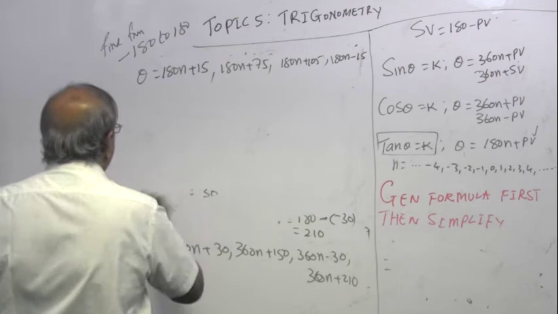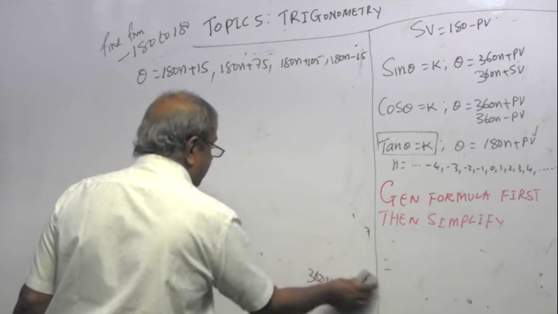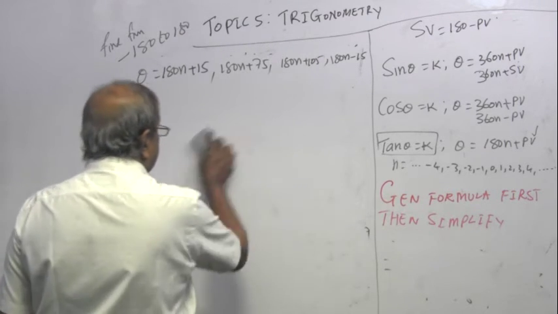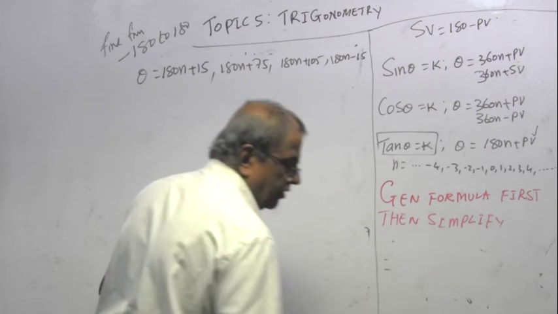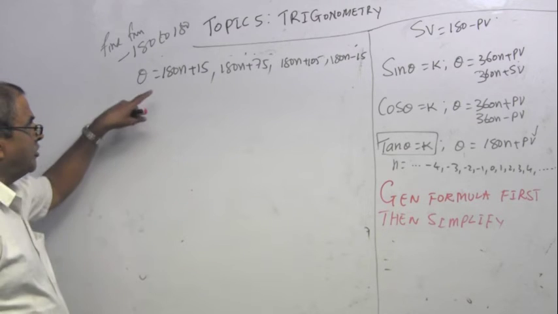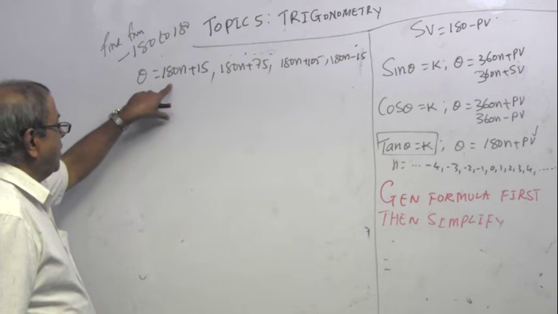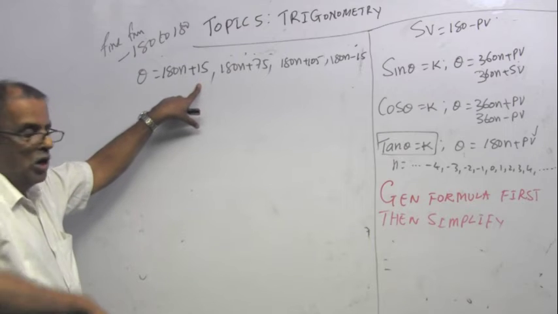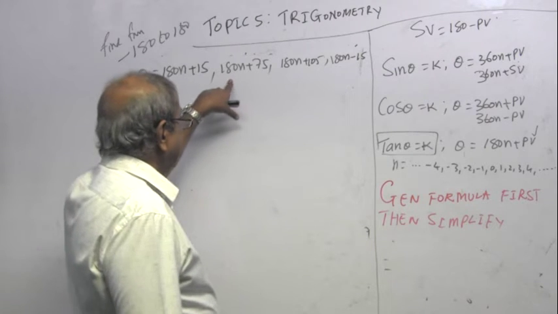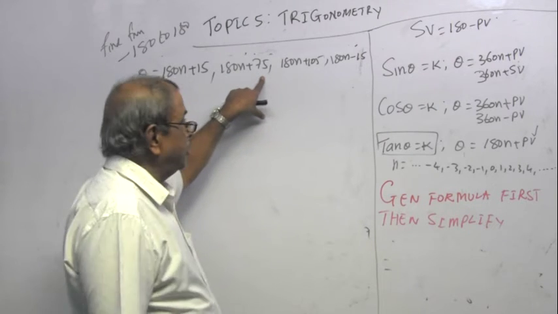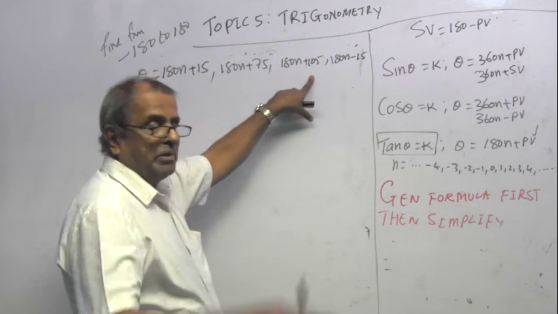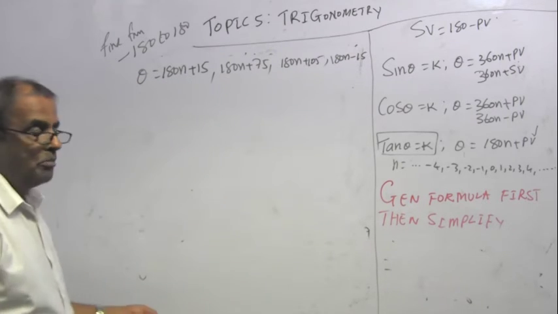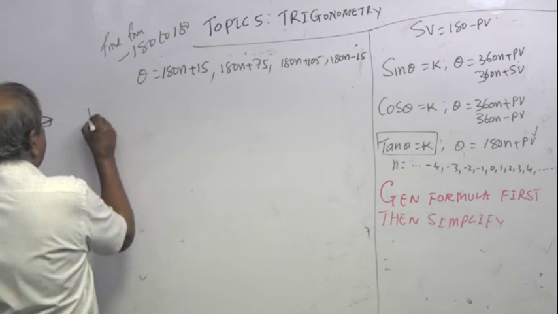I want now answers from minus 180 to 180. You should start with minus 1, but start with minus 2, see if it works. Minus 360 plus, below minus 180, so there's no need to do minus 2. Put n as minus 1.